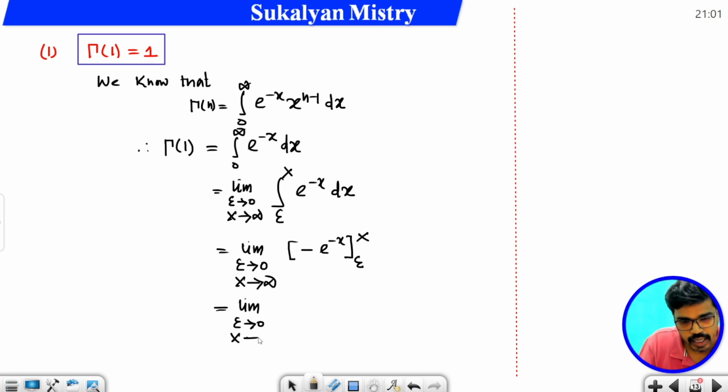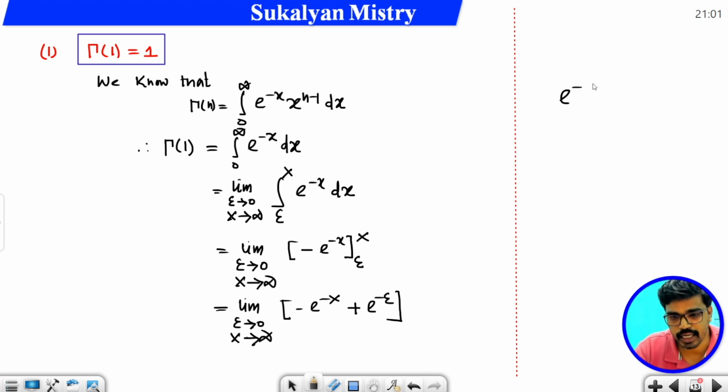So this equals limit epsilon tends to 0, x tending to infinity, upper limit that is e to the power minus x, that means plus e to the power minus epsilon. Now with epsilon equal to 0 and x tending to infinity, x equal to infinity gives e to the power minus infinity, that is 0. Epsilon equal to 0 gives e to the power 0, that is 1.